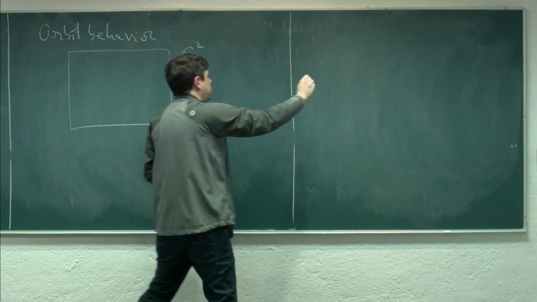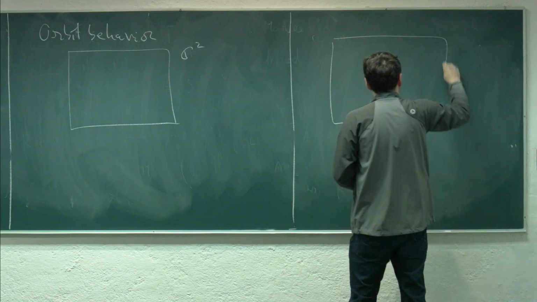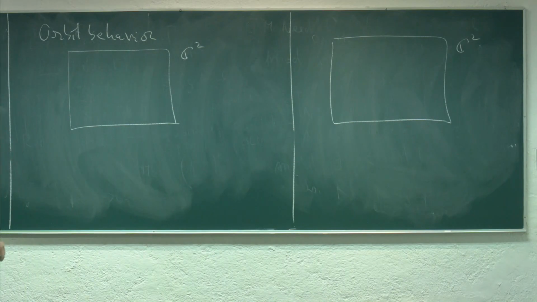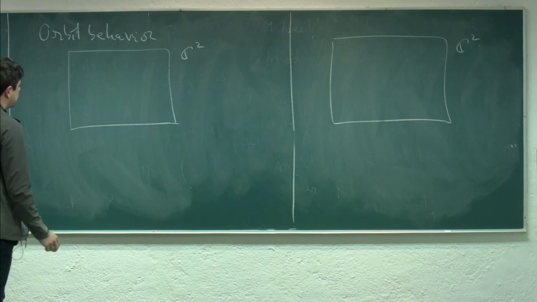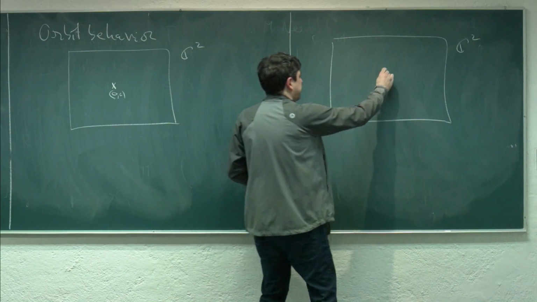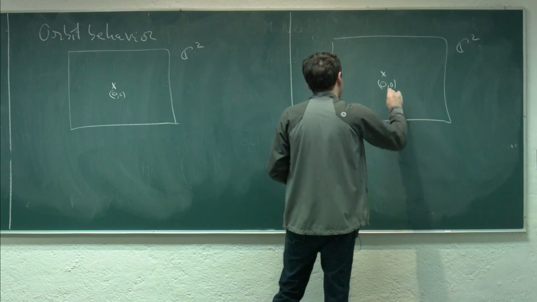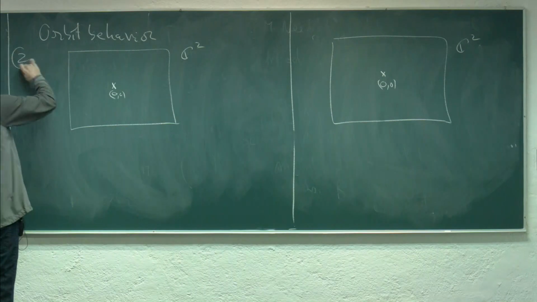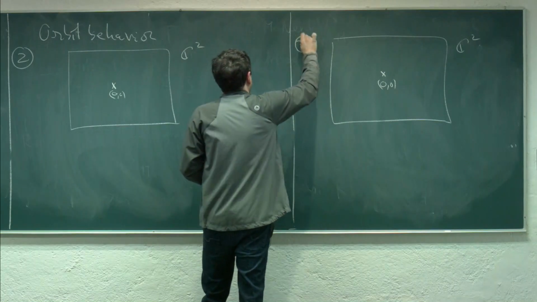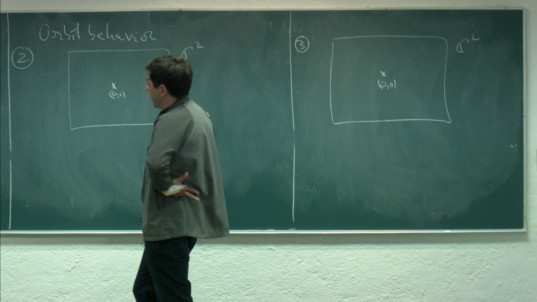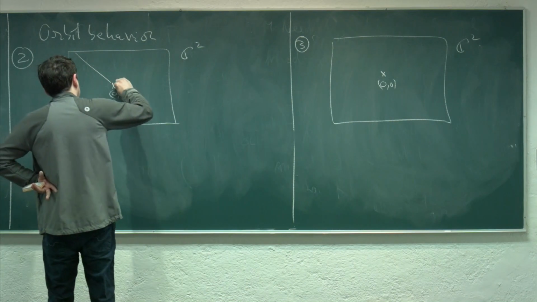So this is C2, and this is C2. In both situations, I have (0, 0), which is a single orbit. Let's call them example 2 and example 3, just to keep it 2 and 3. Okay, so what's happening if I multiply x by t and y by t inverse? Then all the orbits will look like this.